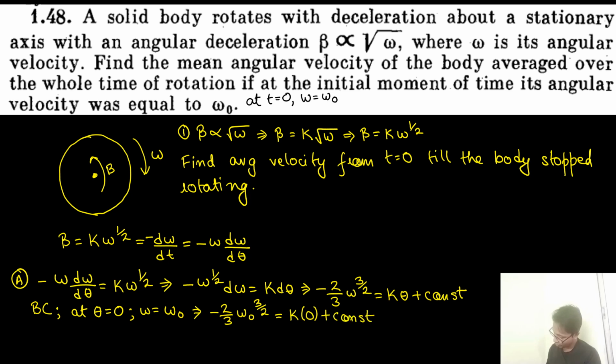So the value of the constant is equal to minus 2 by 3 omega naught to the power 3 by 2. Now can I substitute this constant here? Yes, so I'm substituting this constant here.